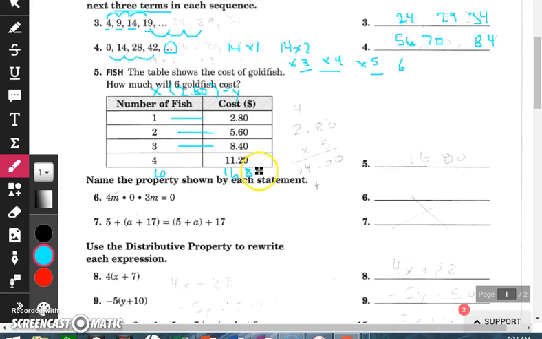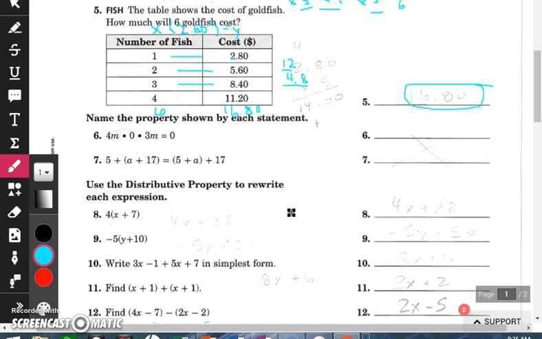Why? Well, as you can see, 6 times the 2 is 12, so that's $12. And then 6 times 80 cents is $4.80. And when you add this up, 12 and 4.8, it will equal 16.8, which is $16.80.